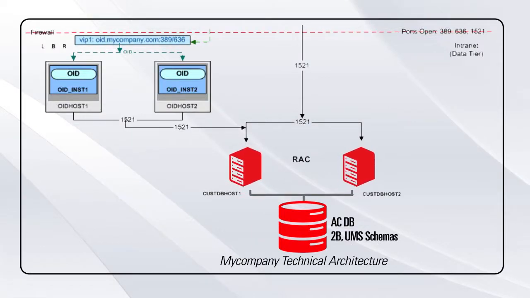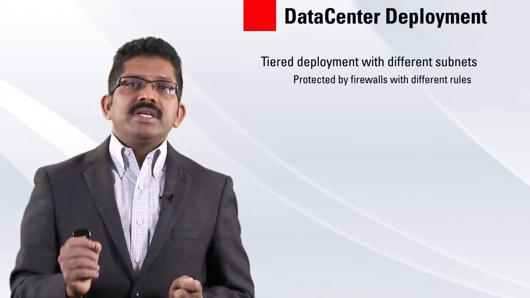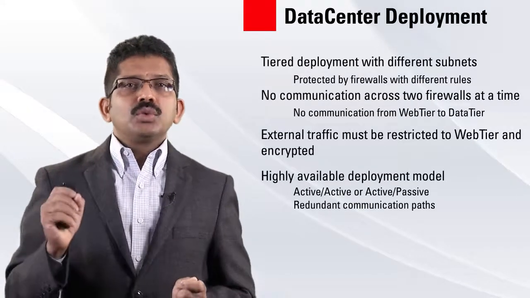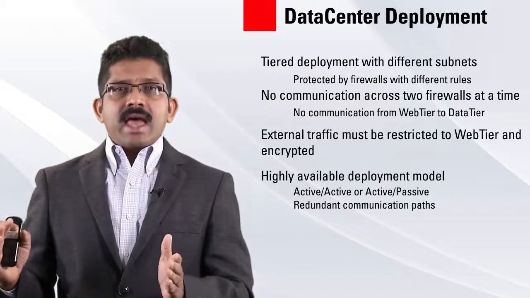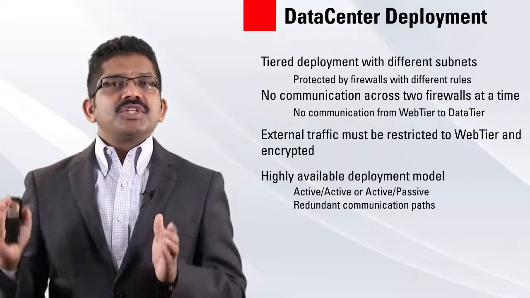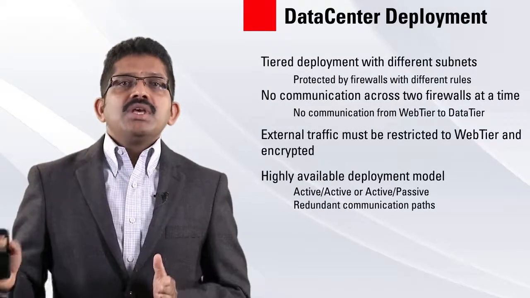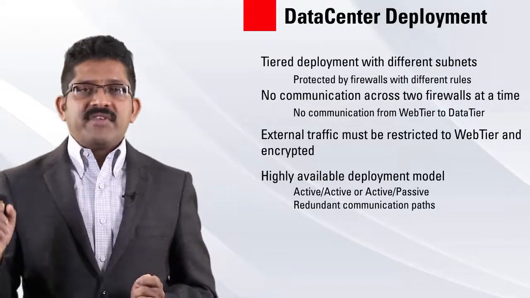We strictly follow these guidelines, and we also make sure there is availability and scalability. As part of this deployment, every component is highly available, either through active-active or active-passive. So if something happens to any application in any tier, your end user request will not be affected.